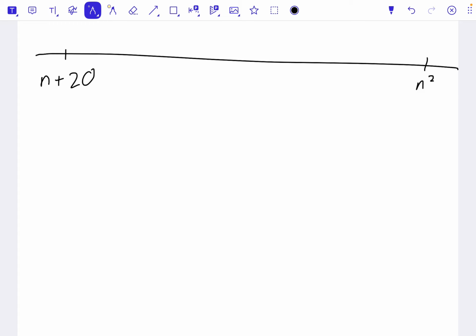Your intuition says yes. That is how multiplication and exponentiation work. But we haven't proven it yet. So 2n could be like anywhere in this number line.